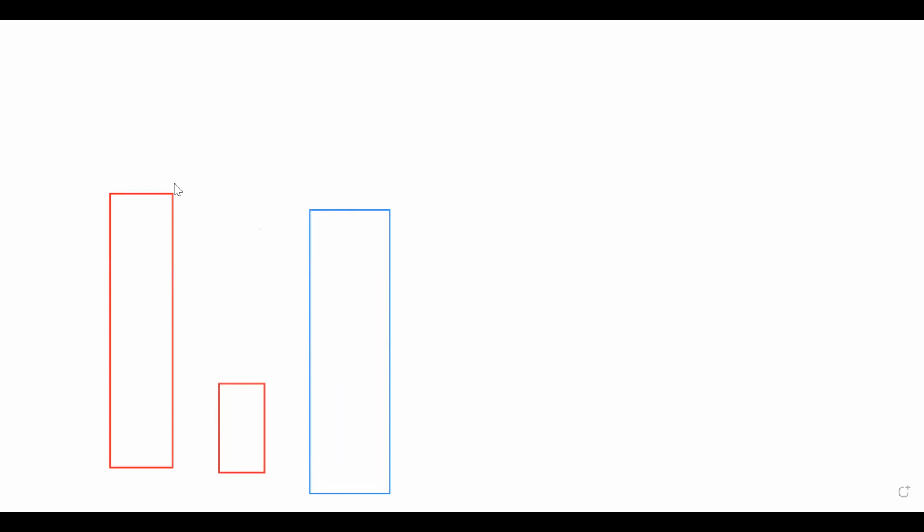The first candle is a bearish candle. The second candle is a doji, either buy or sell.